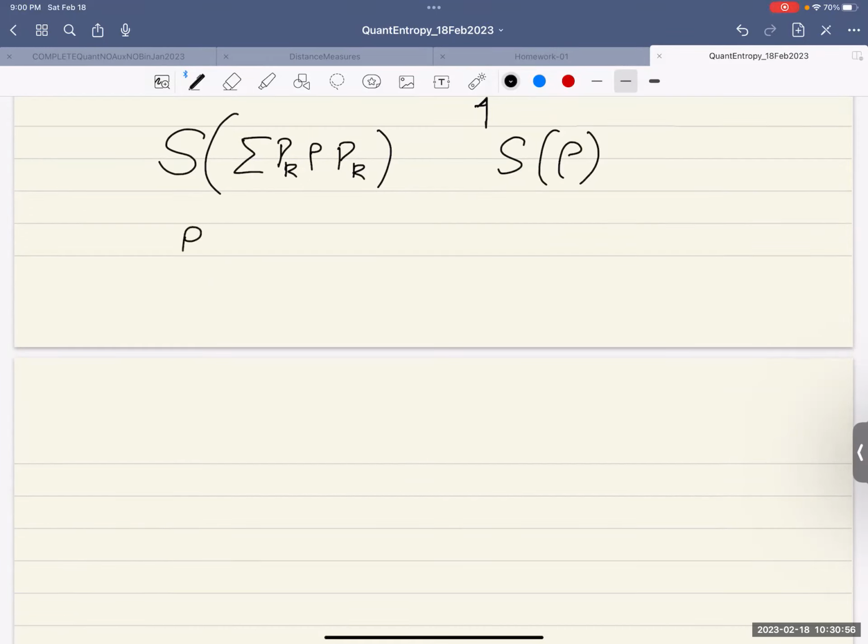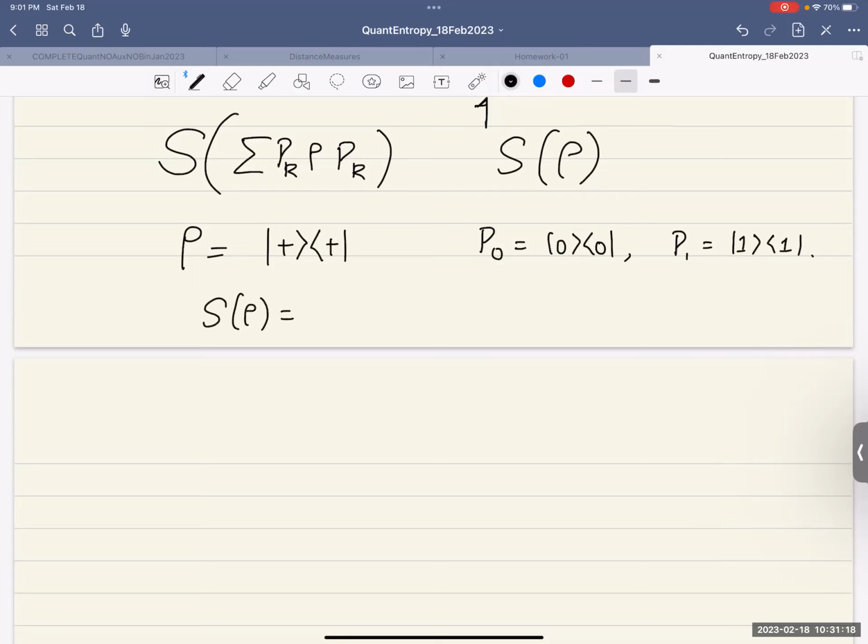Let's take our rho to be this state. Let's choose our P0 to be this and P1 to be this. What is S of rho? 0.